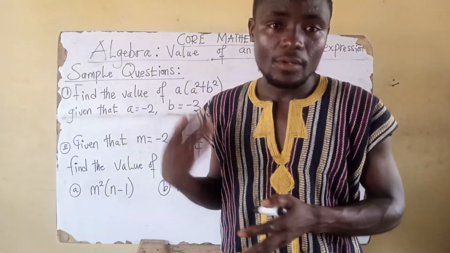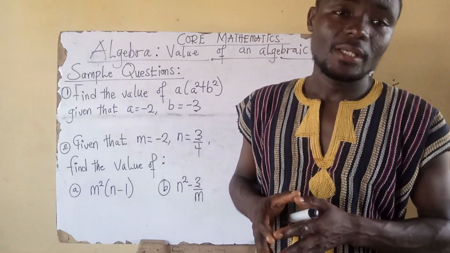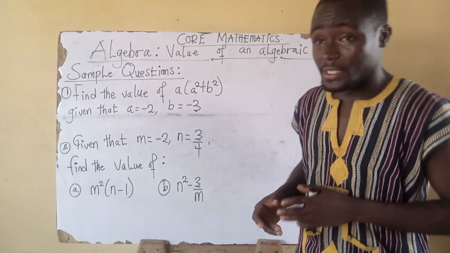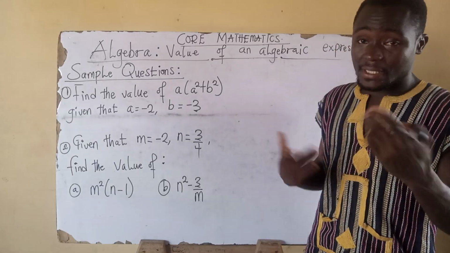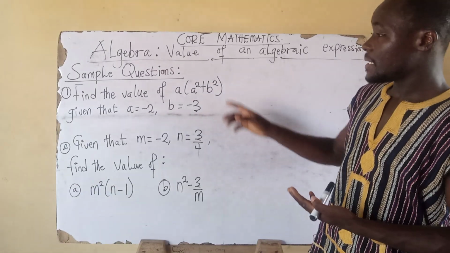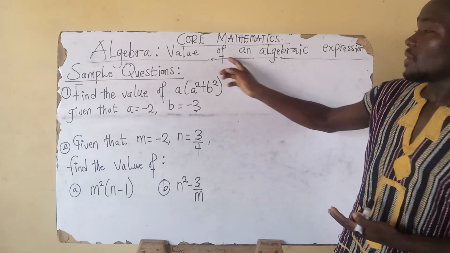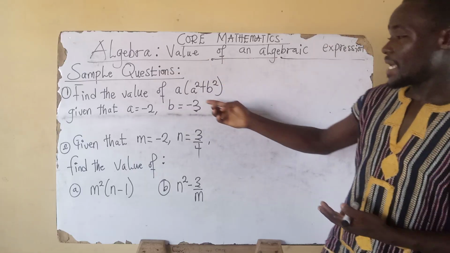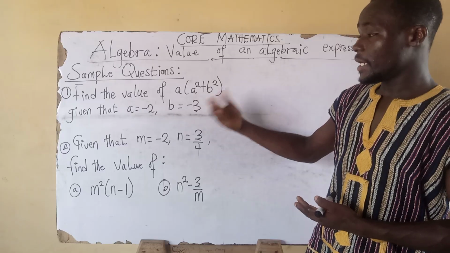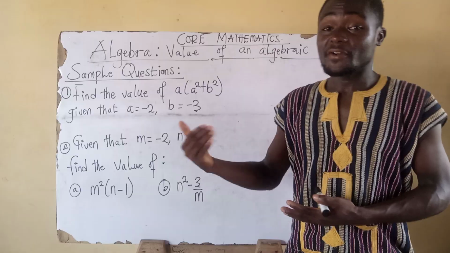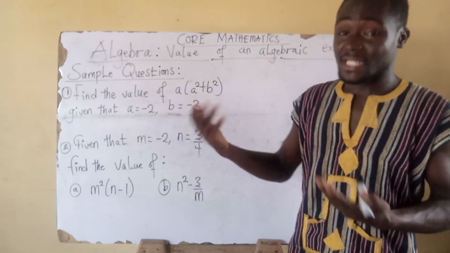So let's see what the question is asking us to do so that we can tackle it head on. Remember I said we are looking at how to find the value of an algebraic expression. So we have an algebraic expression here, and the precise value of each variable within the expression has been given.